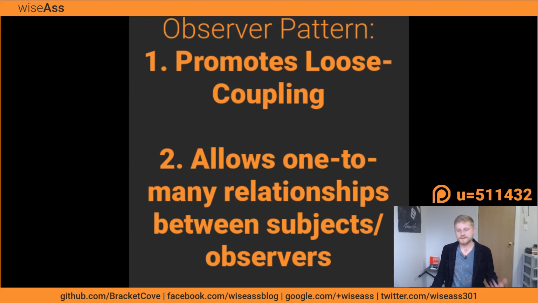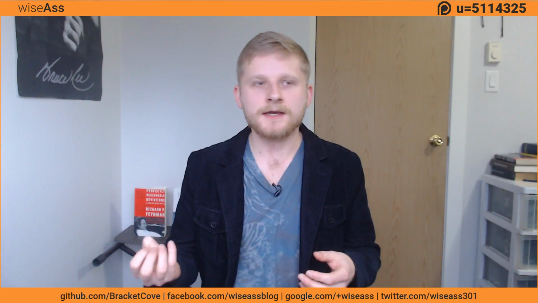So why do we want the observer pattern, and what does it kind of do for us is the next point. So hopefully I've explained to you that RxJava is an implementation of the observer pattern, and what the observer pattern is fundamentally is that instead of objects directly sending messages to each other, they can observe each other.